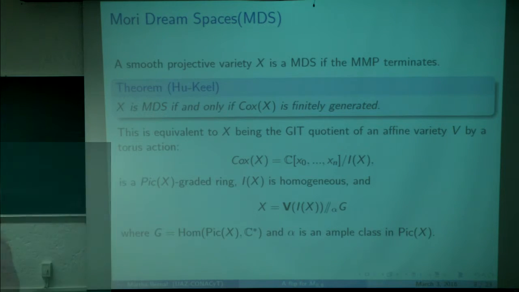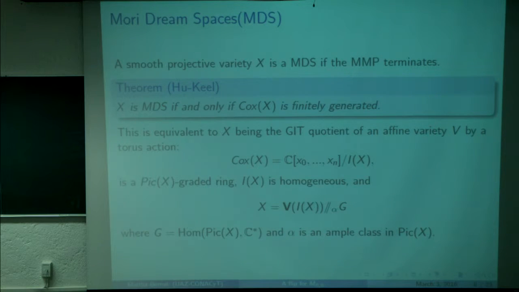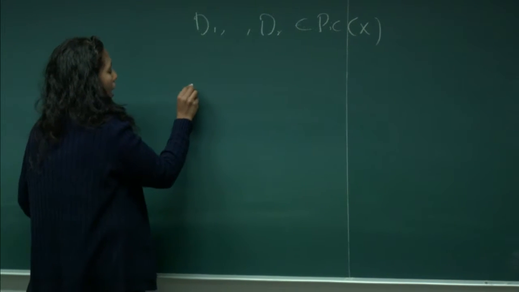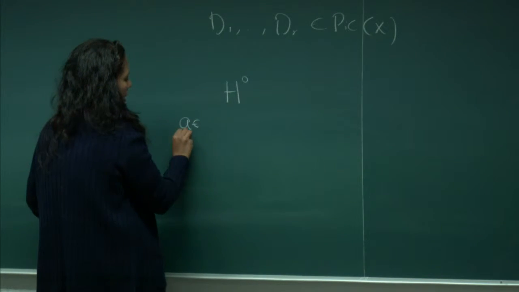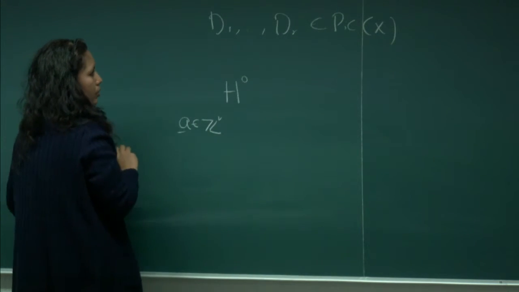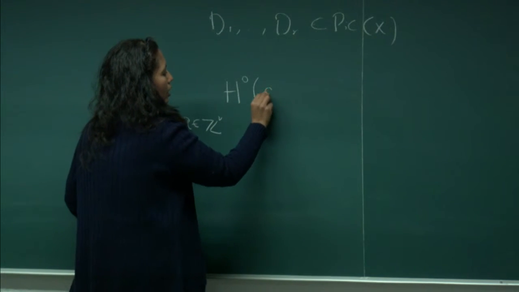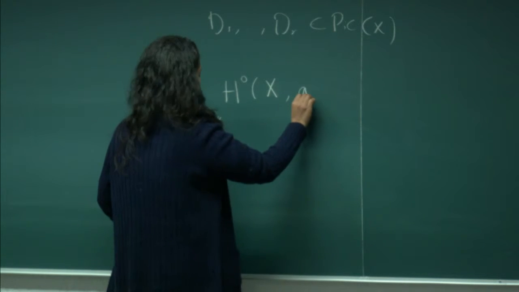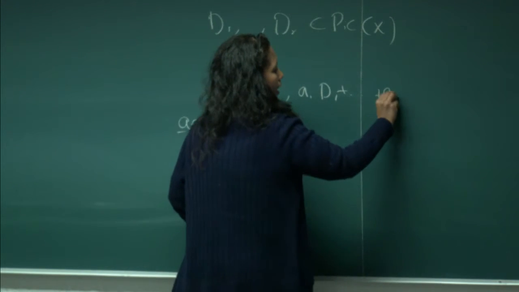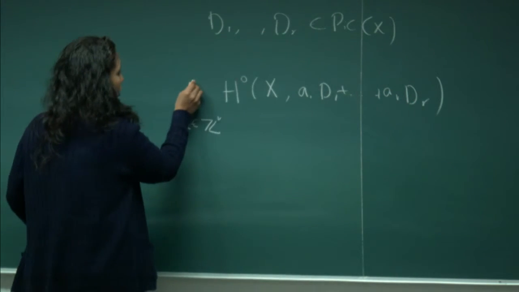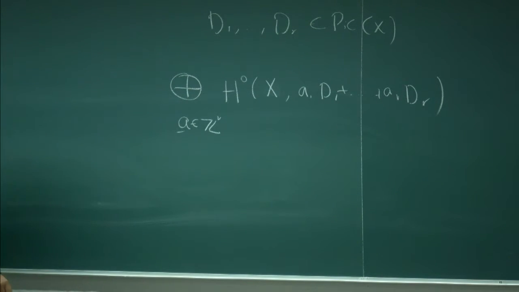And so, for those of you that may not know what the Cox ring is, you basically choose a basis for the Picard group of your variety, and you consider, for every a in Z to the r, so the Picard group has rank r, you consider the sections of this divisor, a1 D1 plus ... plus ar Dr, and then you make the direct sum of all of them.